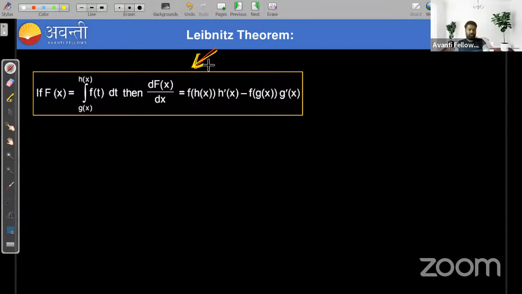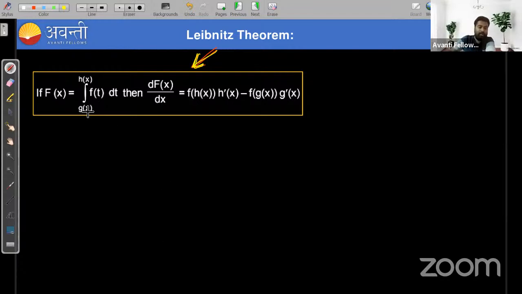So if capital F of x is equal to the integration from g of x to h of x of f of t dt, and I ask you to find F dash of x, how can you find it?